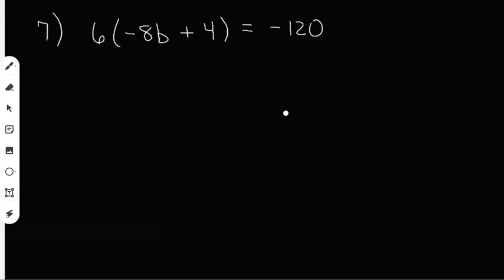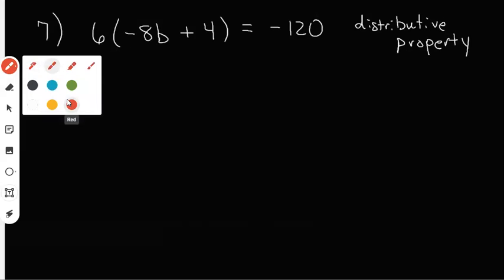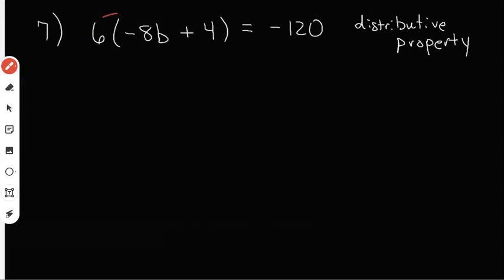The first way I can do it is by doing the distributive property. Notice that we have a number on the outside, a 6, and we have two terms on the inside. So what I'm going to do is multiply everything on the inside by what's on the outside.